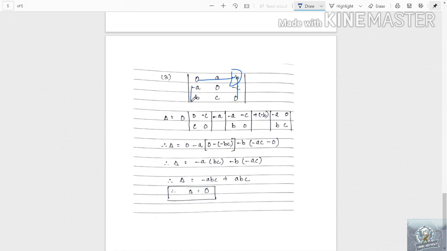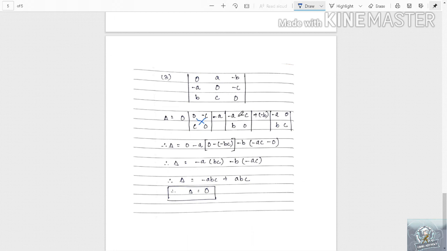What is left? Minus A, B and 0, C. Copy as it is beside it. Then solve. Cross multiplication again, but here we have to write 0, because any number or any alphabet multiplied by 0 will come 0 only. So I have not written here full, I have written directly 0.